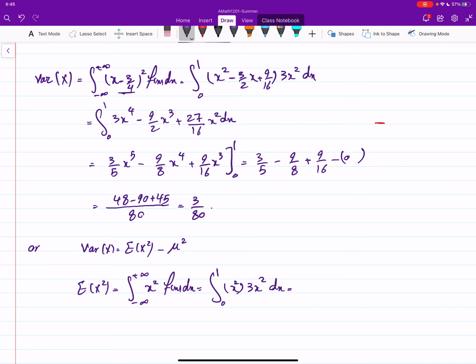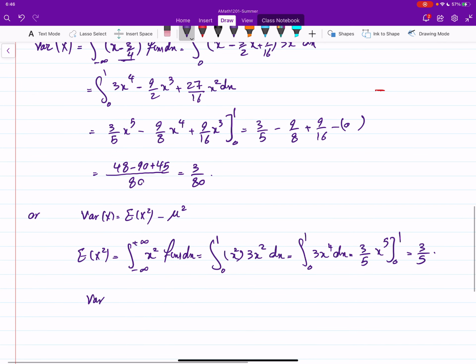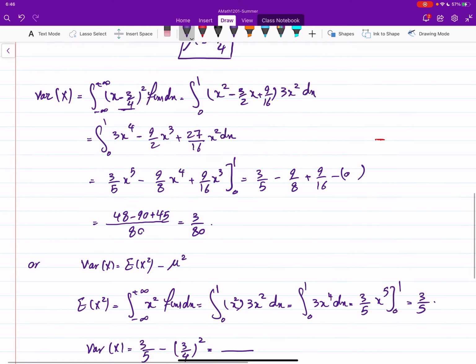So this is the integral of 3x to the power 4 dx, which is 3 over 5 x to the power 5, from 0 to 1, which gives me just 3 over 5. Then the variance of x is 3 over 5 minus 3 over 4 squared. Mu is 3 over 4, as we just found above.